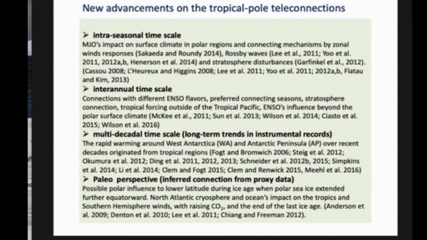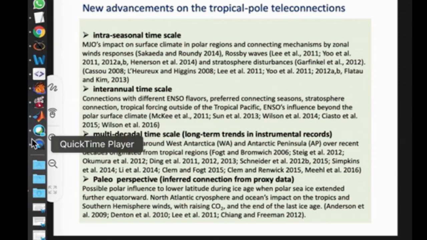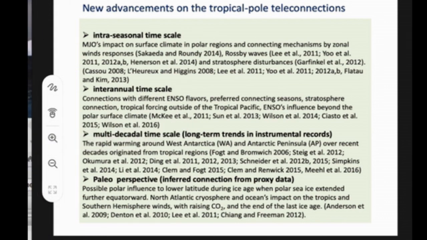Also, particularly in the Southern Hemisphere, people find there's a preferred season when the teleconnection is much stronger than other seasons. The stratosphere connection at interannual timescale has also been found, though more studies focus on connecting to the Arctic.